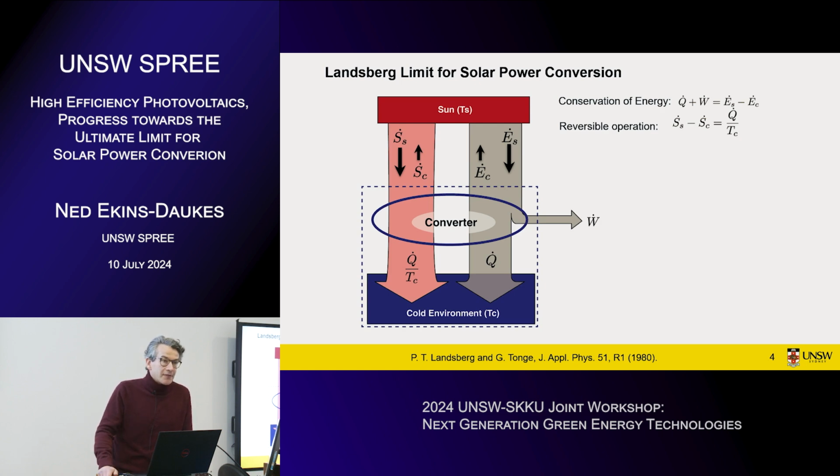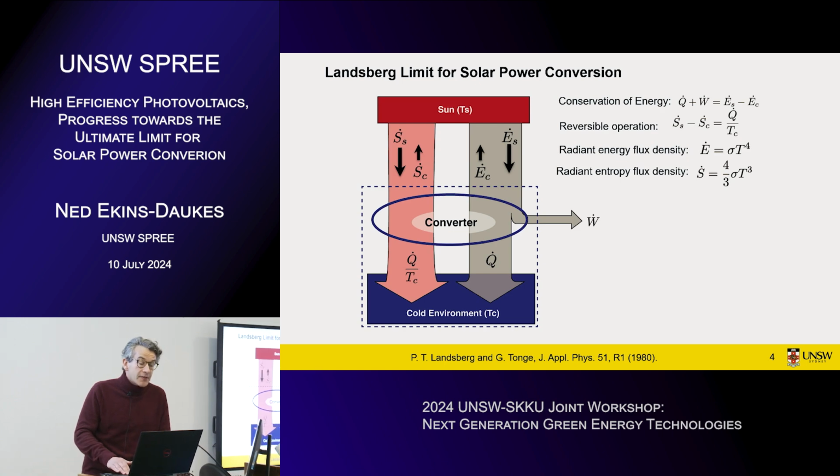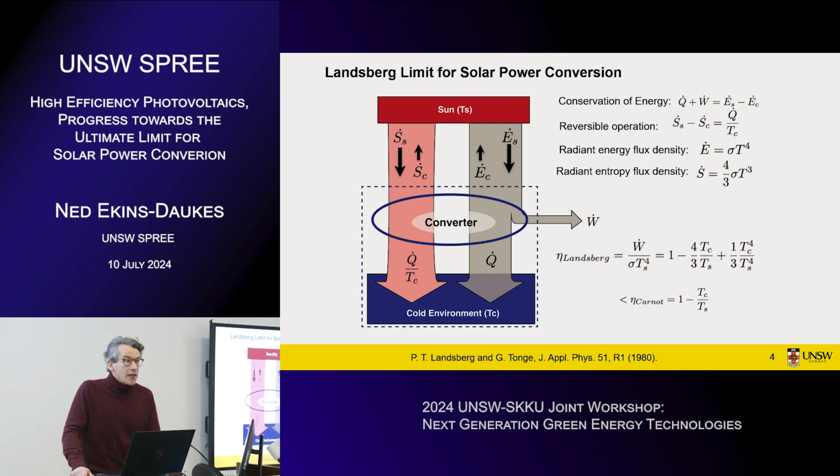If you like, that's that we can't decrease the entropy of the universe, and we can write down some equations for this, Stefan-Boltzmann law for energy and similar for entropy, and we end up with this Landsberg efficiency, which comes out at 93%.